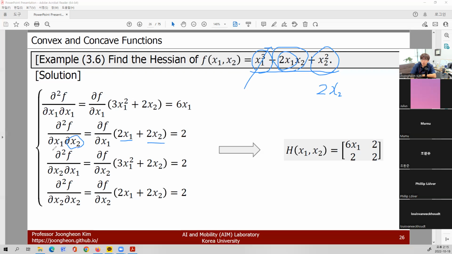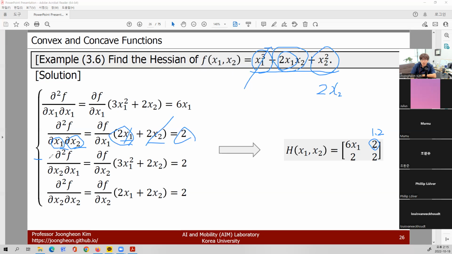Now you are doing the partial derivation with x sub 1, so this term disappears because it is considered a constant. You only have 2. This one is the 1,2 position, right?